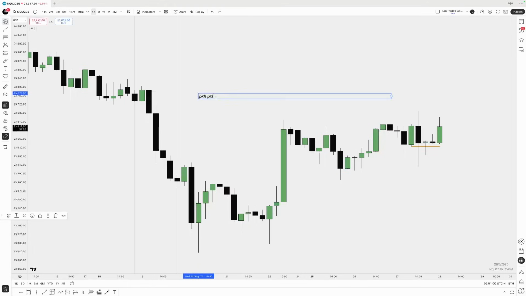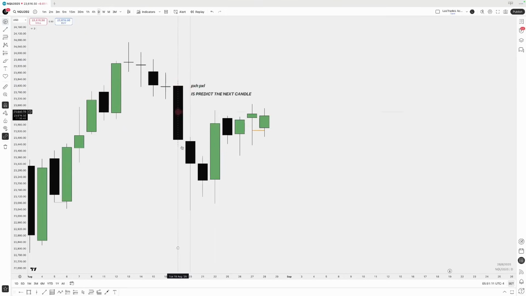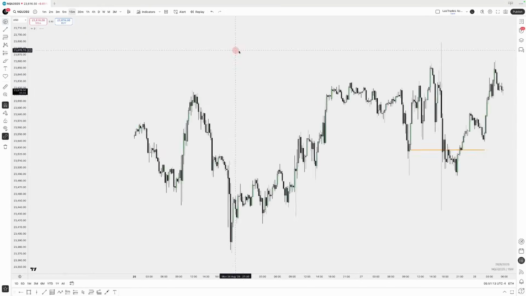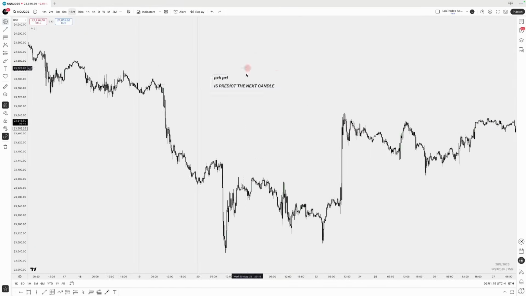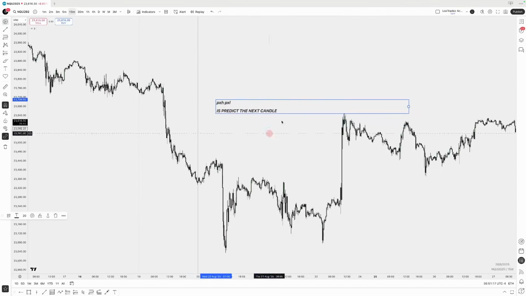Because again, all you are trying to do is predict the next candle. You're predicting the next daily candle here to be bearish, and that is how we engage with it. That's all you're doing. Right here. Note all of this down.